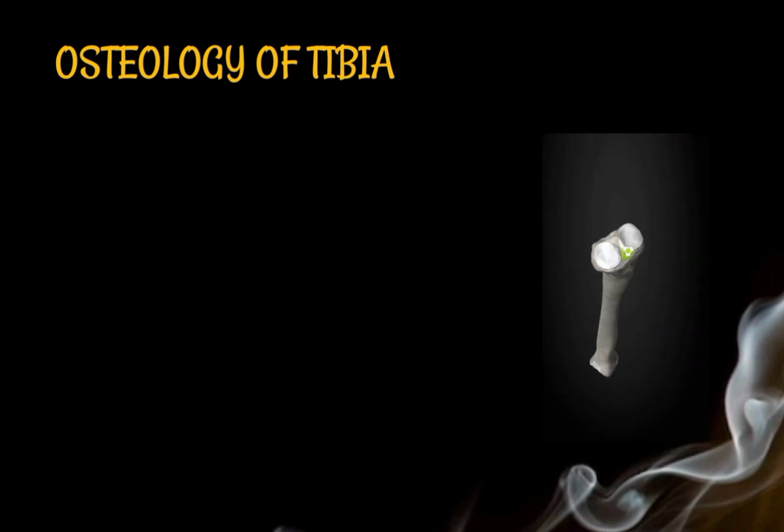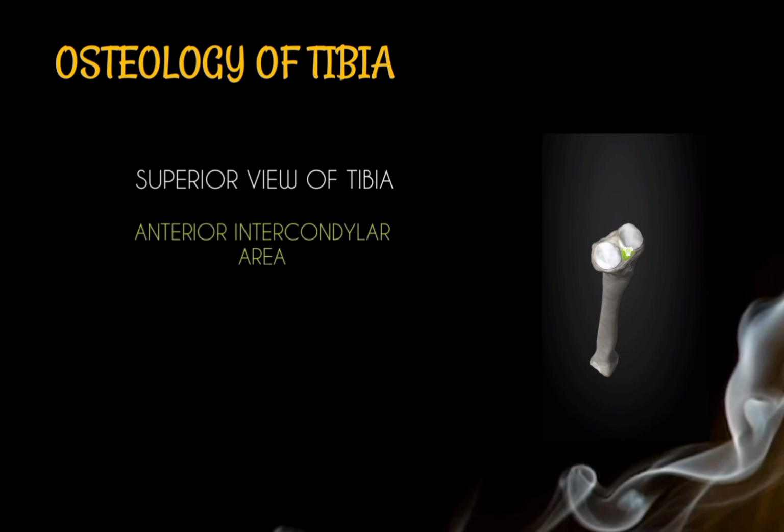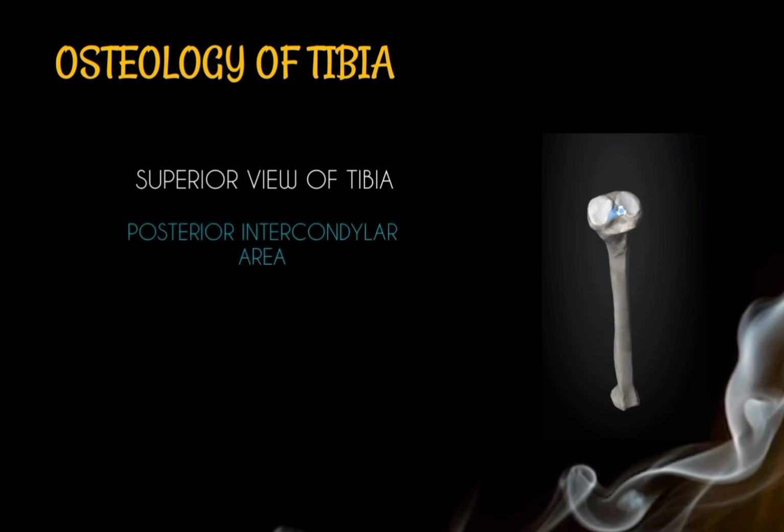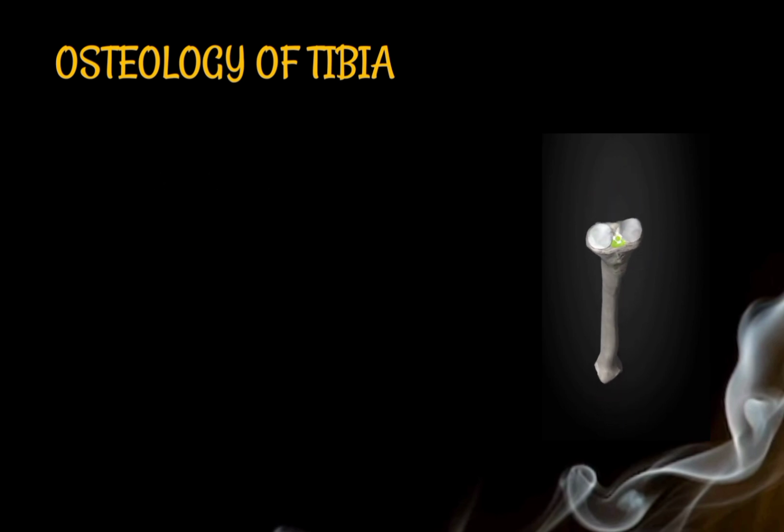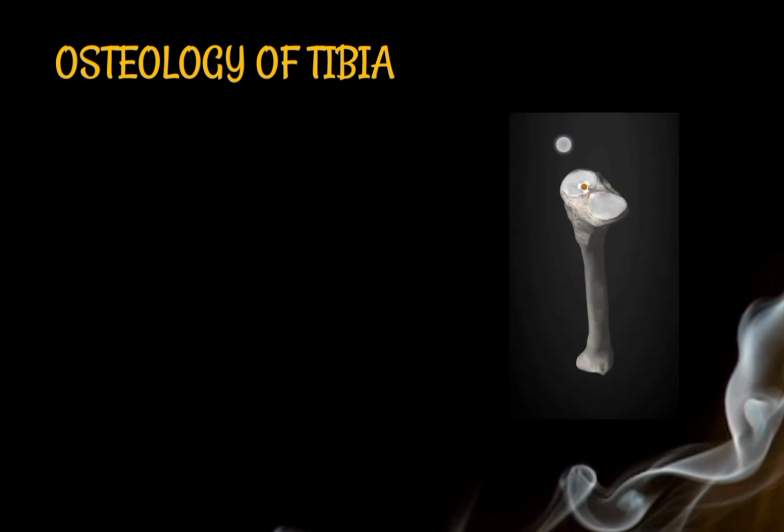Furthermore, if we take a look from over here, you guys can see that this is the anterior intercondylar area, and this is the posterior intercondylar area at the upper end of the tibia that is present between the medial and the lateral condyle. And further you will find some tubercles at this intercondylar area.